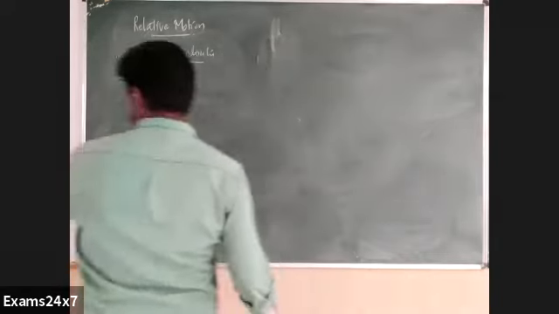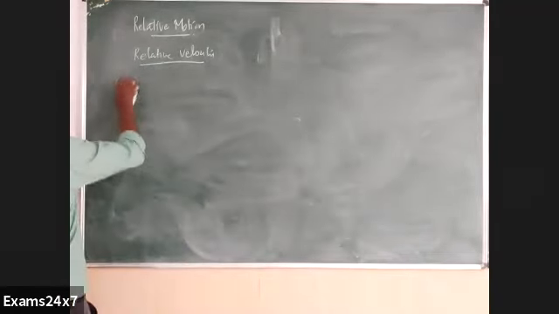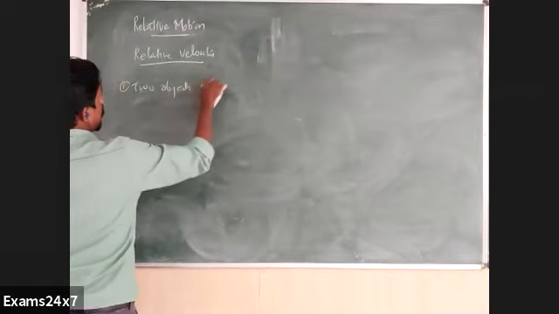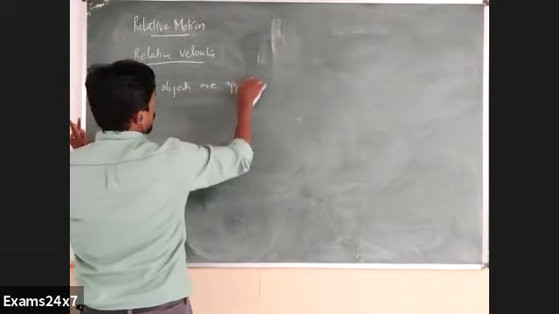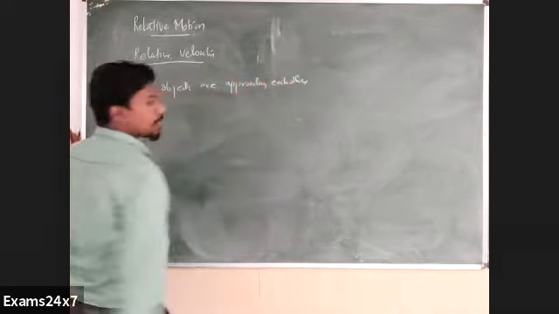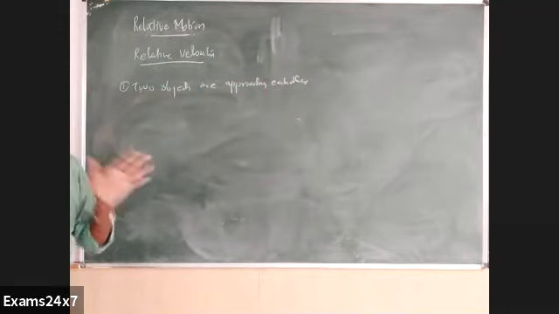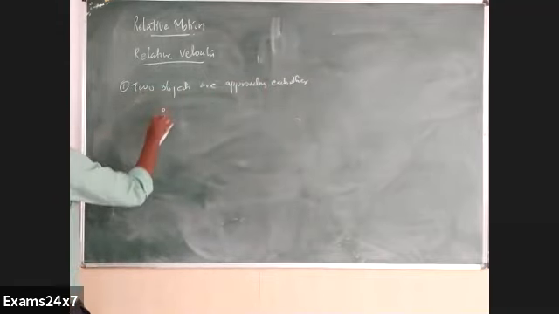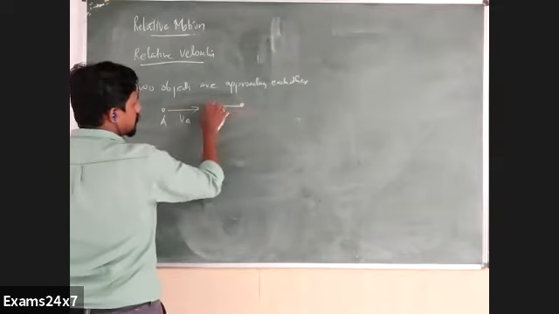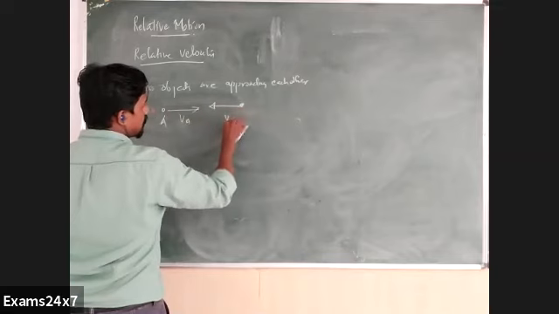Now, a very simple case. In the first case, two objects are approaching each other. Object A is moving in this direction with VA, and object B is moving in this direction with VB.